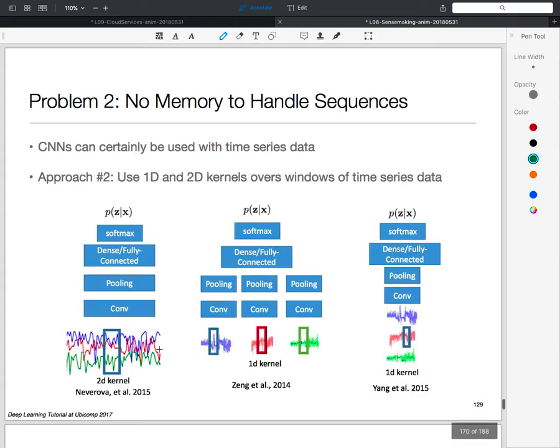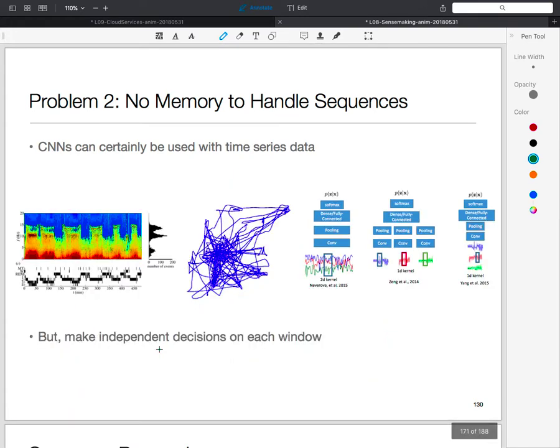The other way is that, instead of working with images, I can use one-dimensional kernels. So I can apply the same concept of pattern matching from convolutional neural networks, but now to the time series. All of that can be done directly, but still no memory. We still fundamentally face the problem that decisions are made independently in every window.